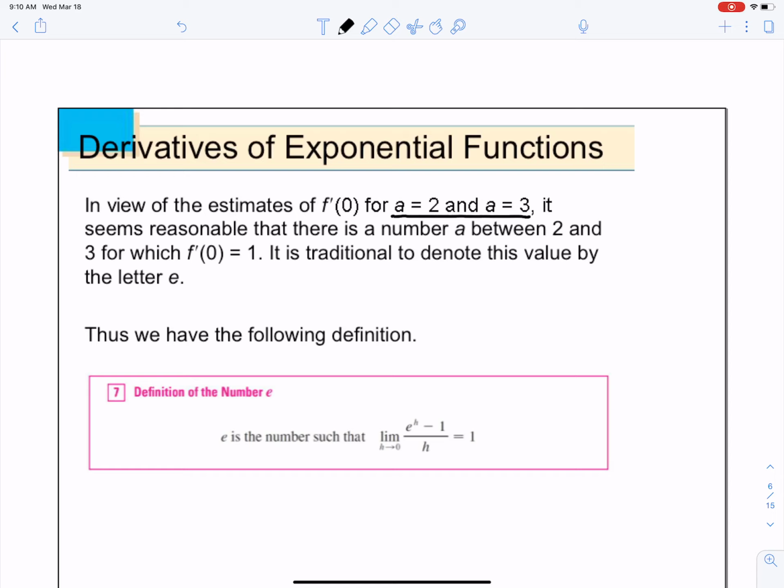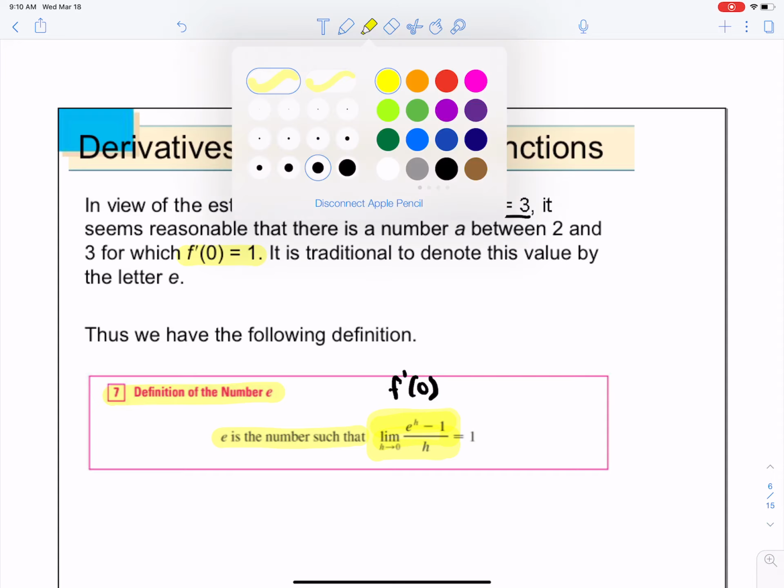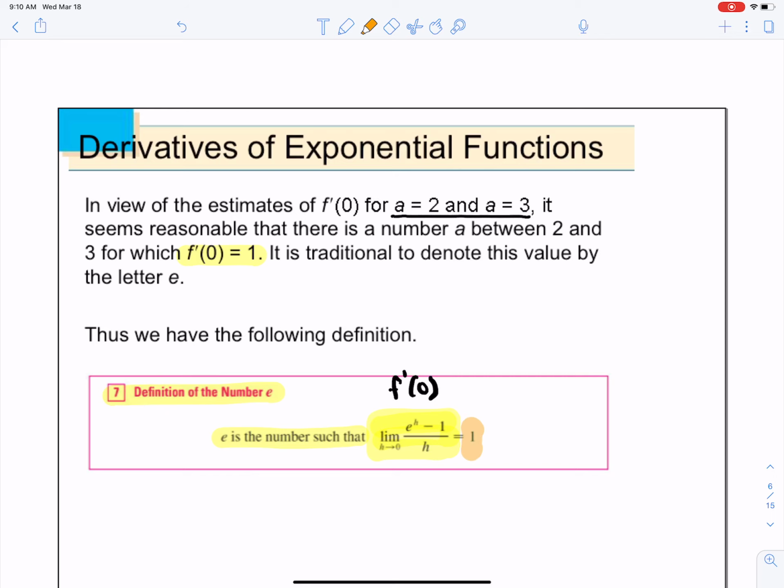So we're saying that there is some reasonableness to assume that there is going to be a value for this, and then this is where the definition of e comes in. So we define e to be the number so that when we end up taking this fancy limit, which represents f prime of 0 of our limit formula, this is exactly equal to 1, which is what we want.